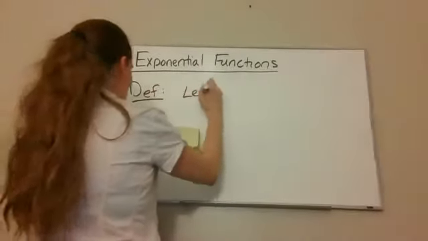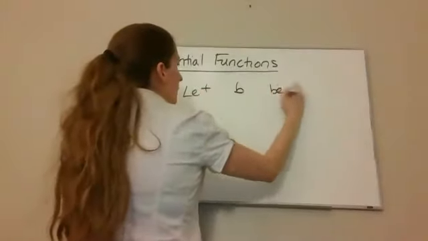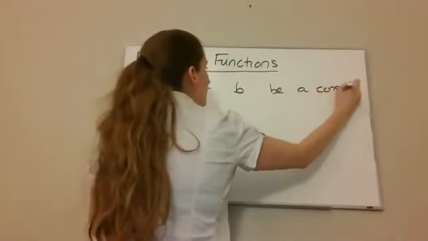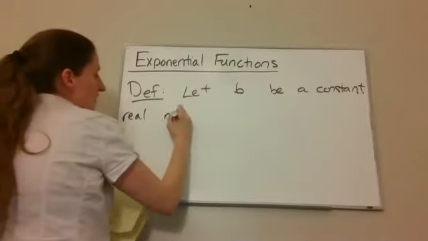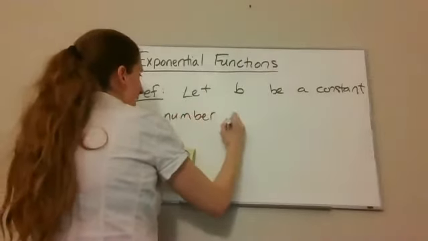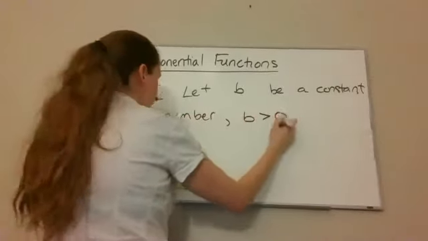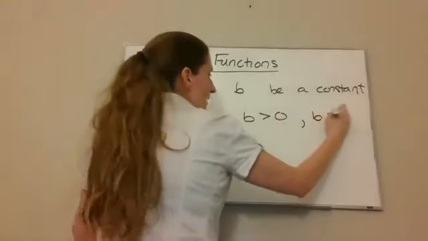So we're going to let b be a constant real number, and we're going to have this b be positive and not be equal to 1.